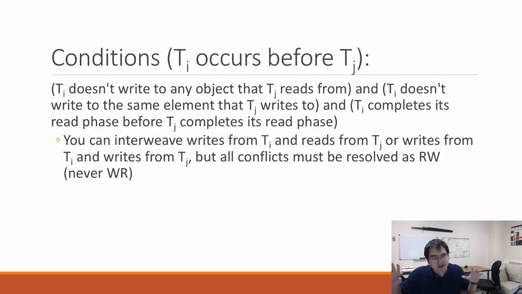And so, once again, another way of saying this is you're allowed to interweave the reads and the writes from transaction I and the reads from transaction J, or the writes from both of them. Those are all fine to interweave, but as long as we always make sure that transaction I gets its reads in before transaction J gets its write in. So you never get these write-read orderings.